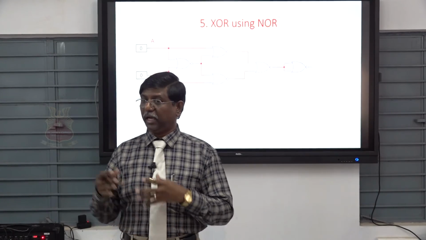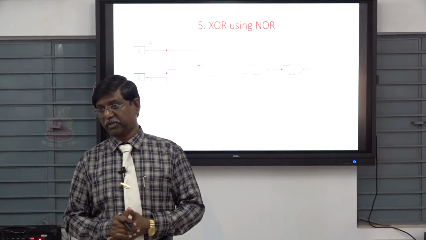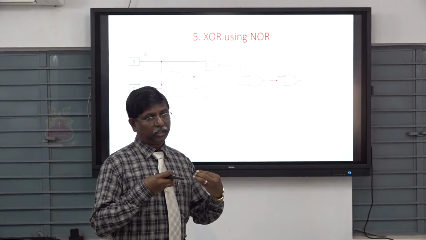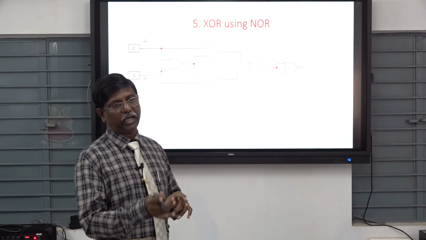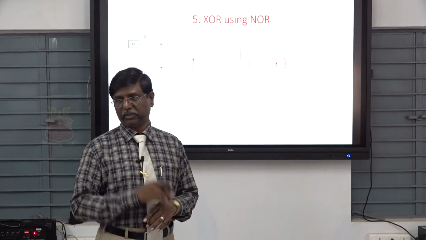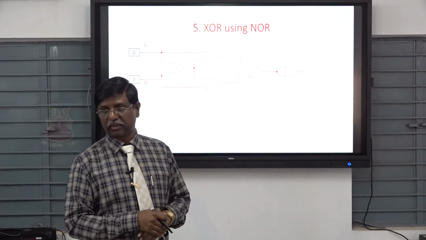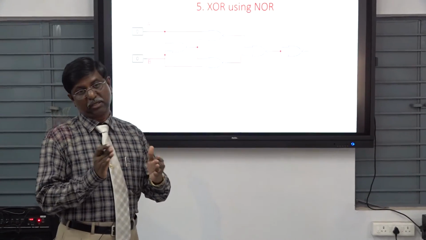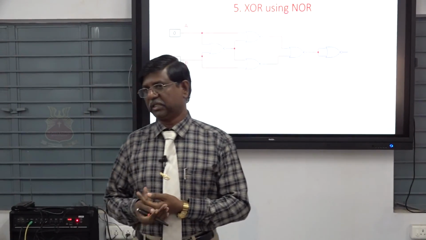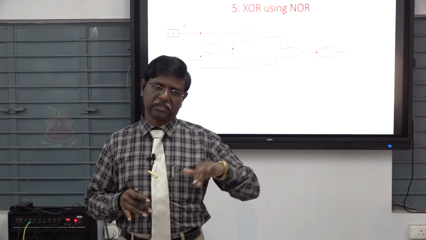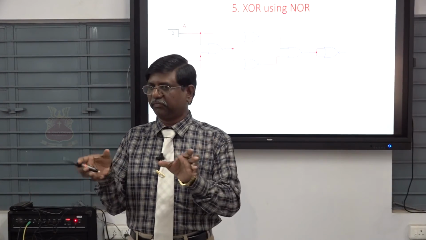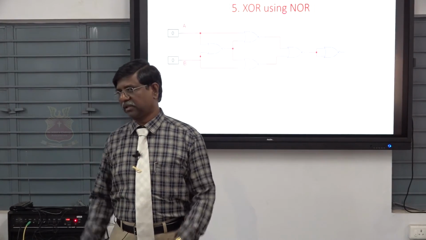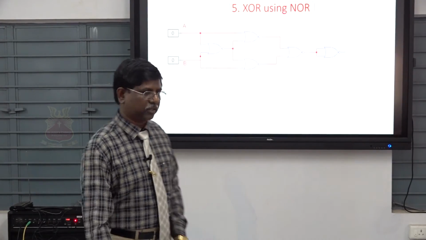So a simple XOR gate itself has an AND OR combination. So it is an AND OR combinational circuit, right? Because what do you mean by A XOR B? A XOR B is equal to A B bar plus A bar B. So that itself has two different AND expressions combined by an OR expression, right?